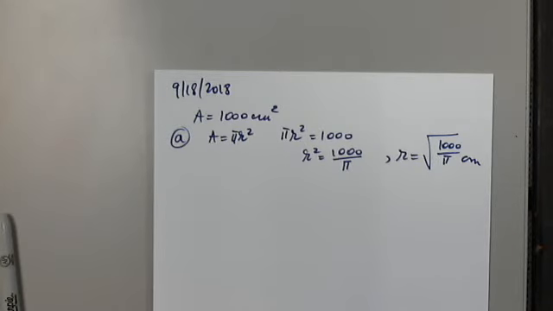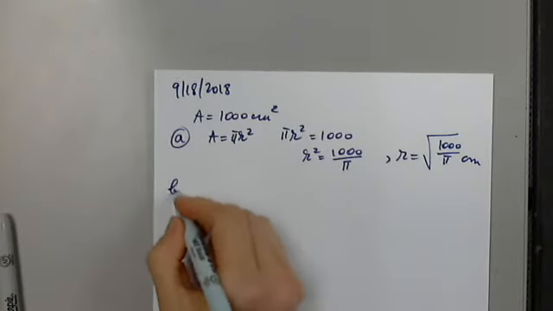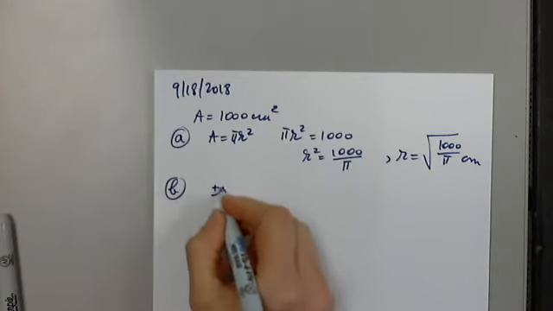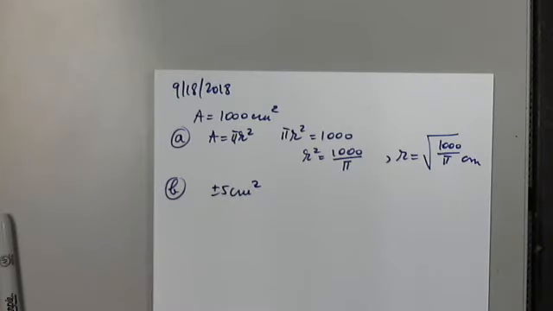Okay. If the machinist is allowed an error of tolerance of plus or minus 5 centimeters squared in the area of the disk, how close to the ideal radius in part A must the machinist control the radius?